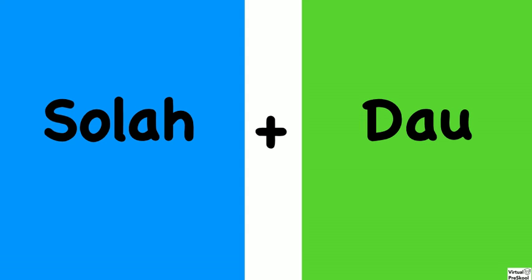Sola is 16. And what is do? 1, 2. Do is 2. So what is 16 plus 2?